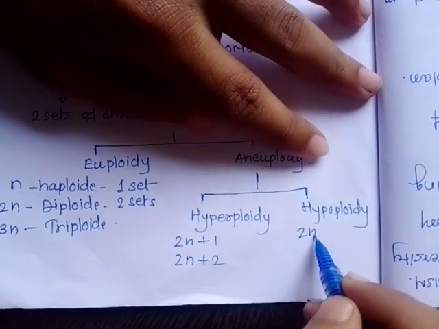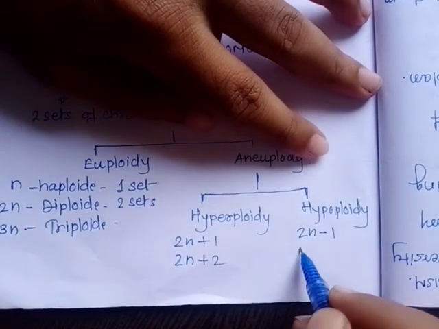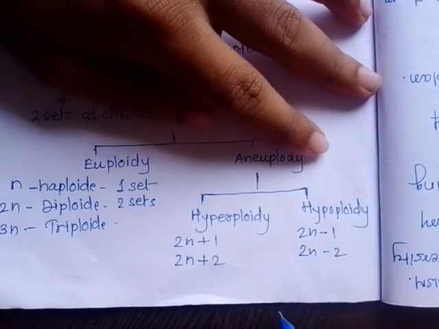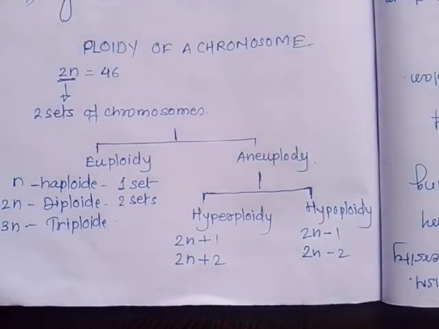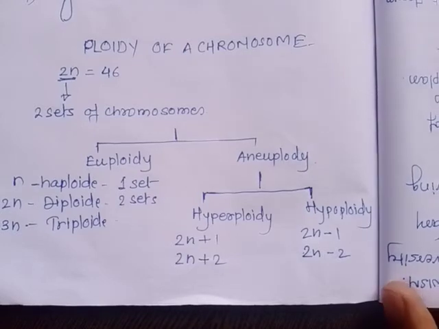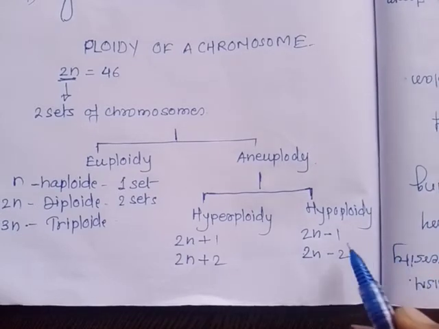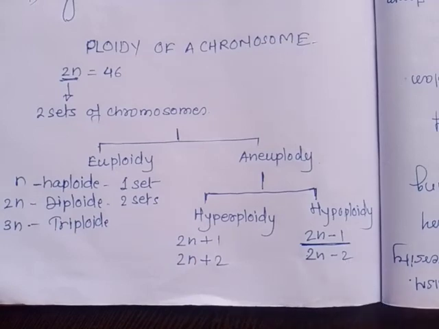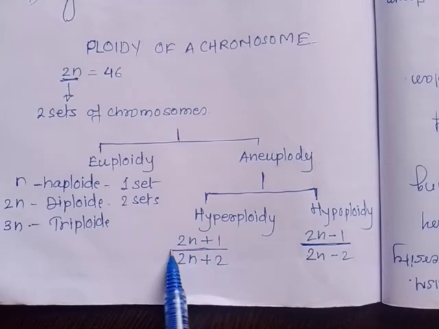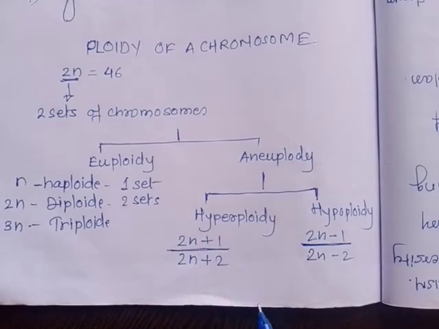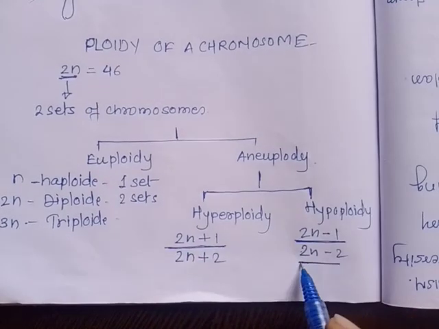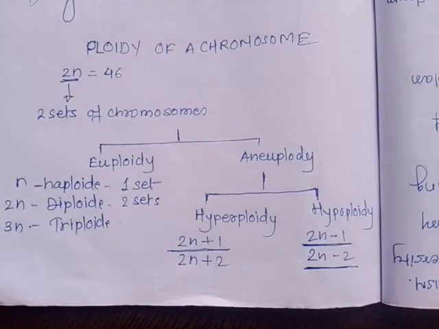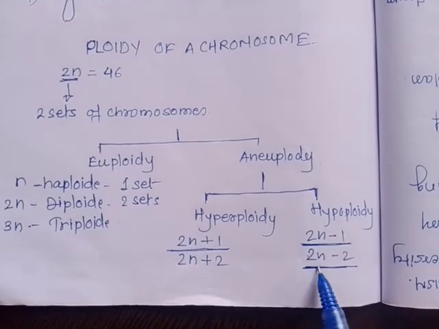At the same time, 2n minus 1 or 2n minus 2 and so on can be considered as hypoploidy. 2n minus 1 is a clear case of monosomy, whereas this one is a clear case of trisomy, and this one is a case of nullisomy, that means a particular chromosome is absent.